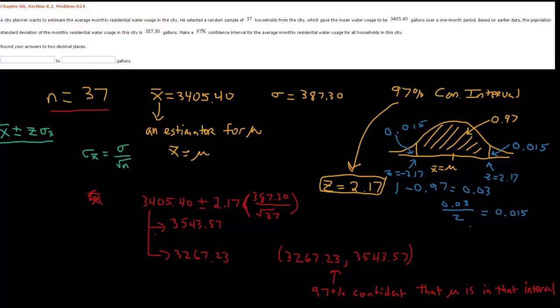That is, 3% of the time we would expect the mean not to be in that interval. But we're 97% sure it is in that interval. So there's our solution. We are done with what the directions asked us to do. There's our confidence interval at 97%.